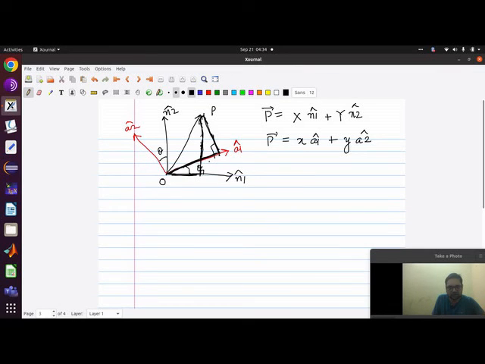So how do we get this? Simple, you just draw, let me take some other color, a vertical line here and a vertical line there.